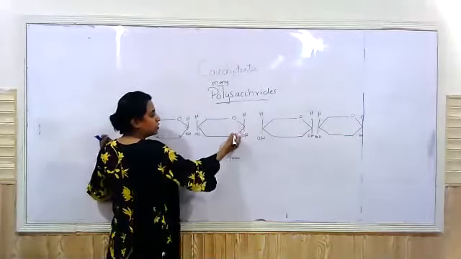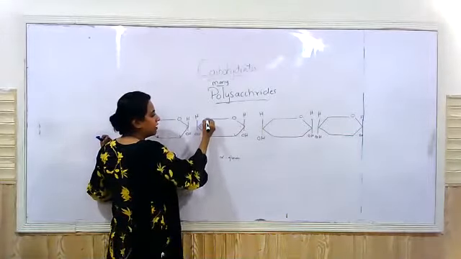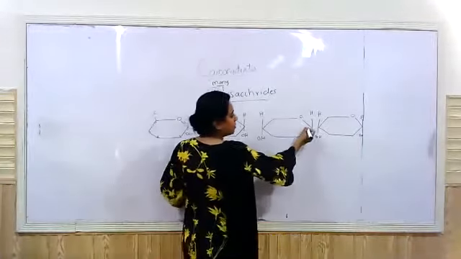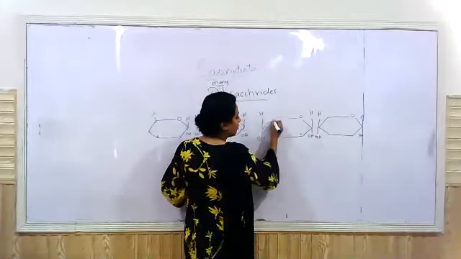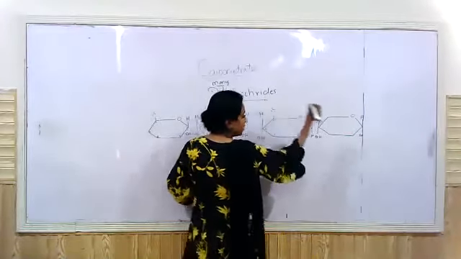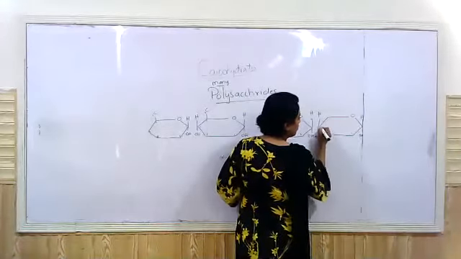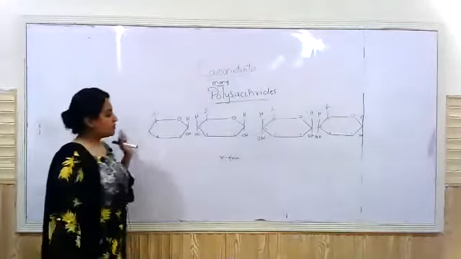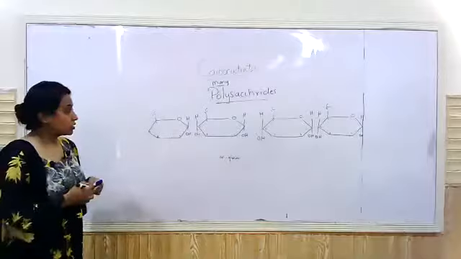Similarly here, 1, 2, 3, 4, 5, and carbon number 6 is outside the ring. Same here, and here. So I've made 4 molecules of glucose.